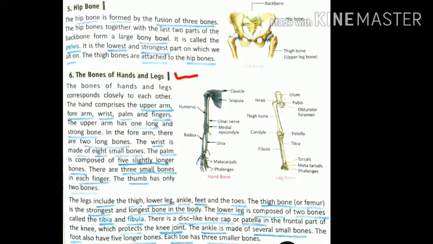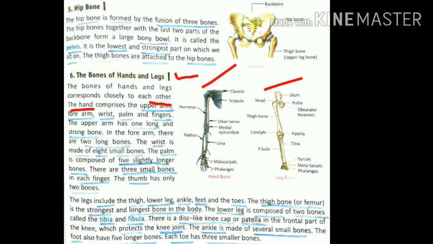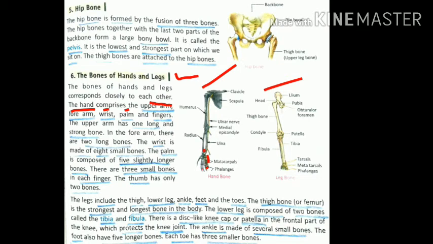Next are the bones of the hand and the bones of the legs. The hand has the upper arm and forearm, and here is also the wrist where we tie the wristwatch, the palm, and the fingers. The upper arm has one long, strong bone.